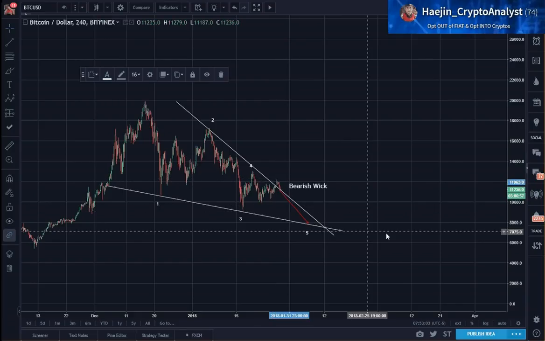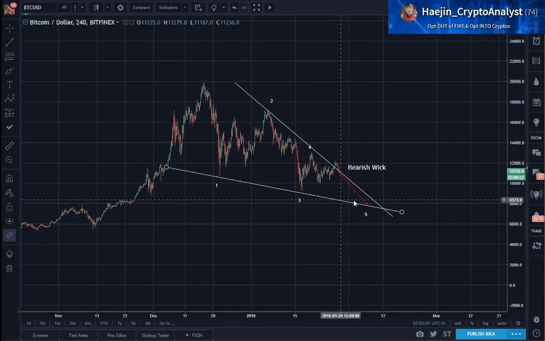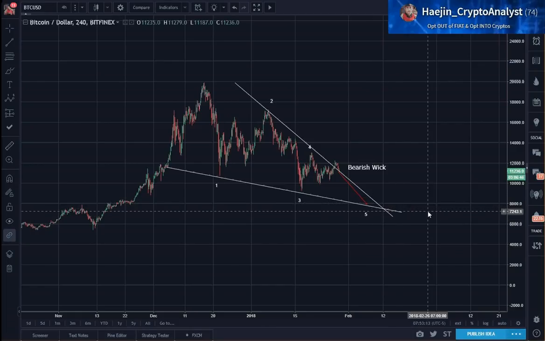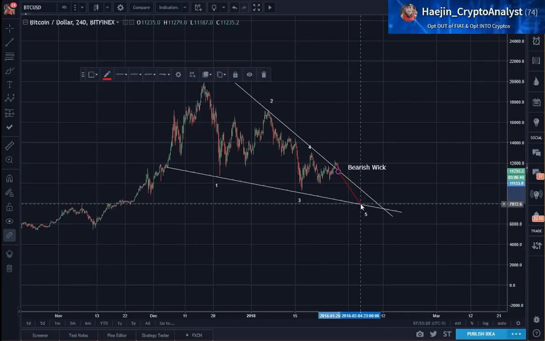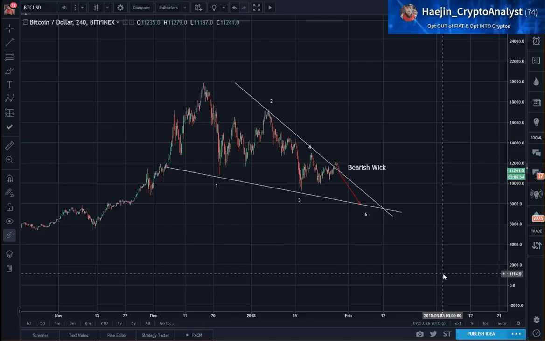That is called a bearish wick. If it comes down here and breaches the bottom line and comes back in, that'll be called a bull wick. And if this is a bearish wick, then it would be a pretty good fitting start to a lower low. Ideally, I would like this to complete.